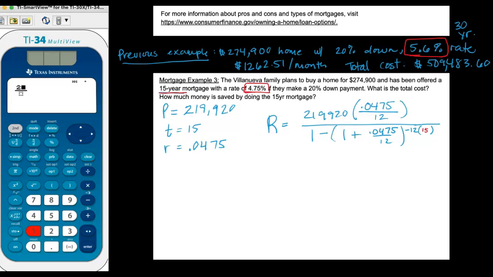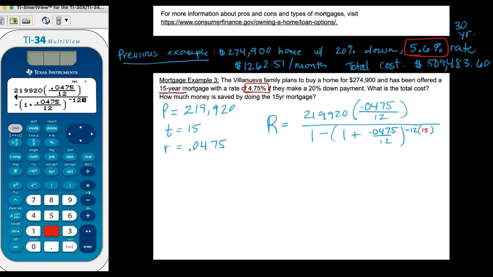So 219,920 times, hit that fraction button again, 0.0475, down arrow 12, and then to the right and that parenthesis, and then down arrow to get to the denominator, 1 minus parenthesis 1 plus fraction button 0.0475, down arrow 12, and then the right arrow to get out of that fraction and the parenthesis, and raise it to the negative.